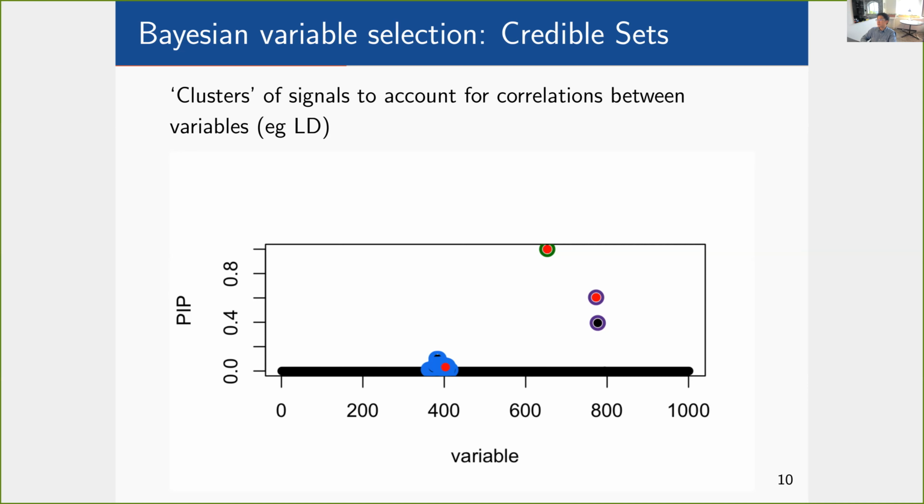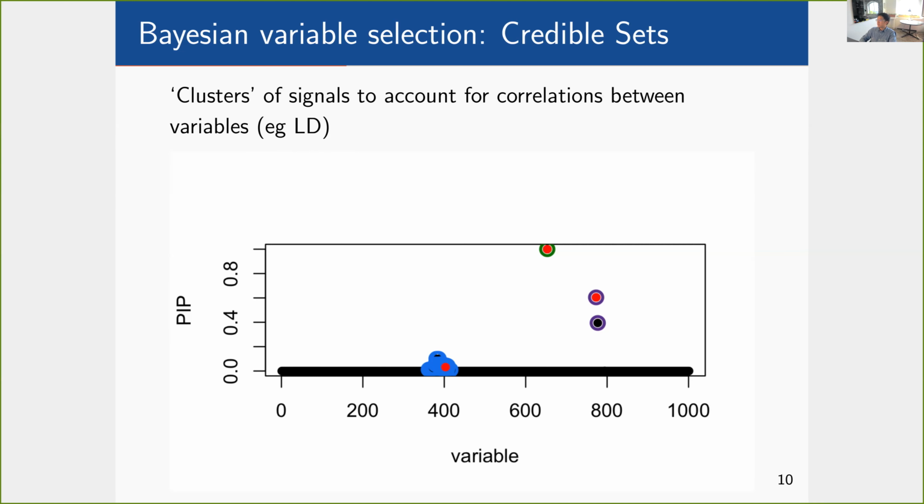And the type of credible set that we think is the most intuitive is what I said earlier: you can find a credible set, for example a 95% credible set, interpreted as 95% probability or more that this set contains exactly one putative causal variant.